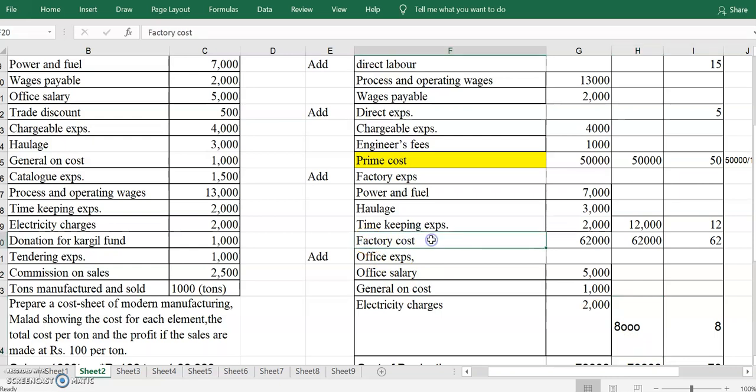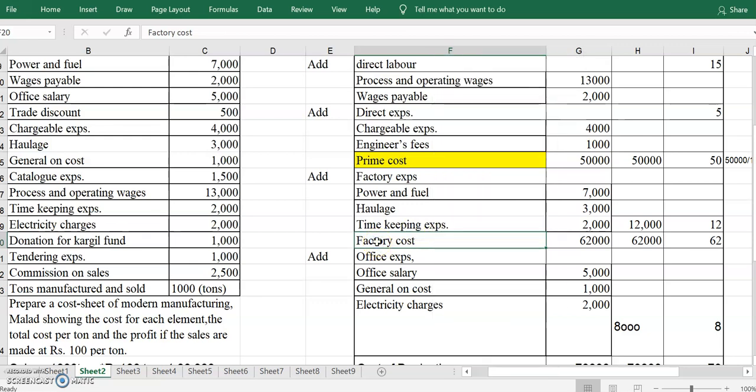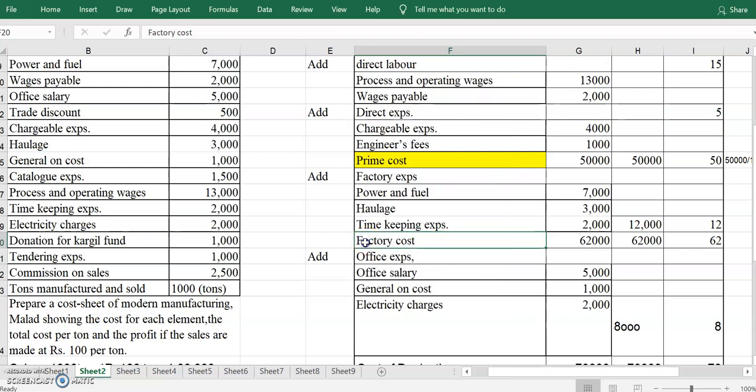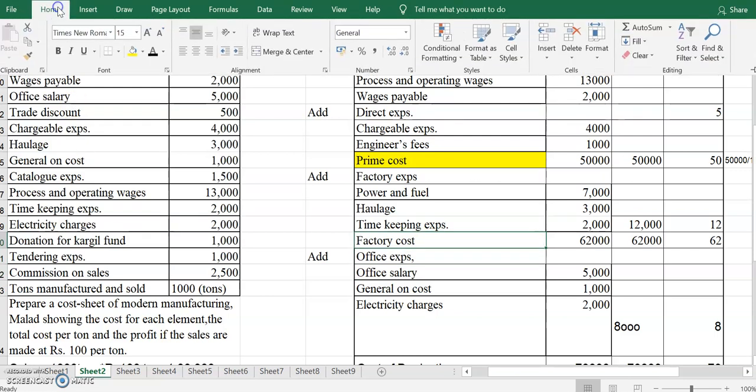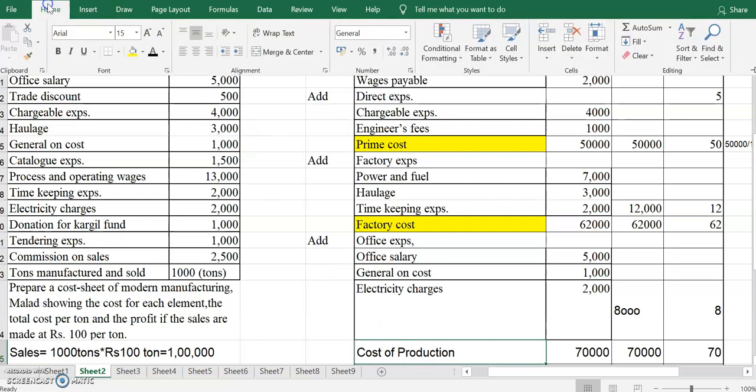Next, prime cost plus factory expenses becomes your factory cost. Factory cost plus office expenses gives you cost of production.